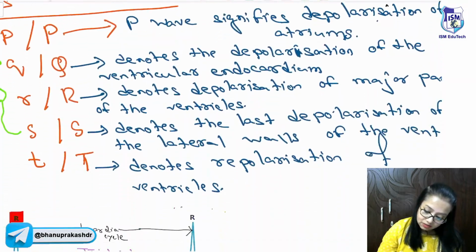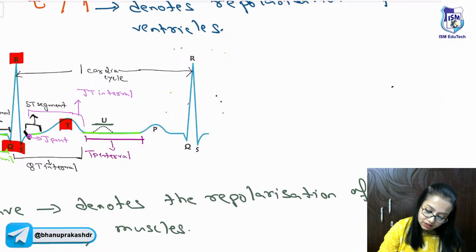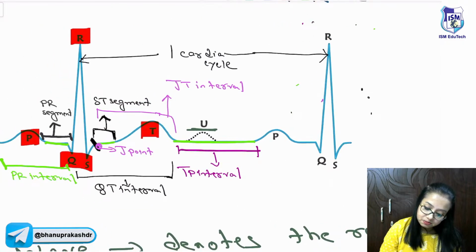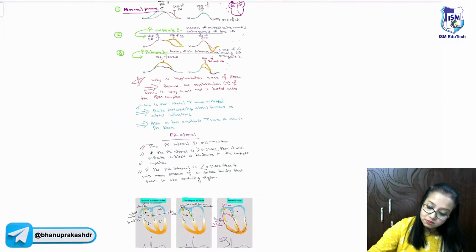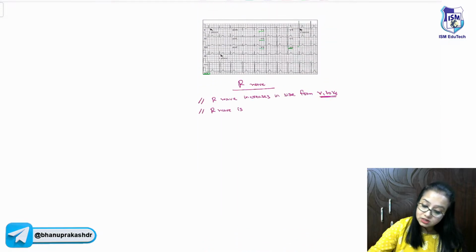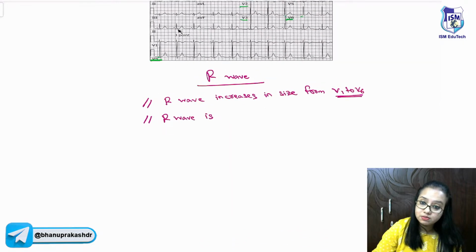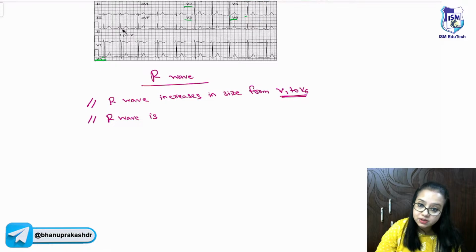Look here, even for the ventricle, the depolarization is always much bigger than the repolarization. Repolarization is only the T wave. So for the atrium also, the depolarization, the P wave, is evident, but the repolarization happens at almost the same time as the ventricular depolarization, so it is buried under the QRS complex.